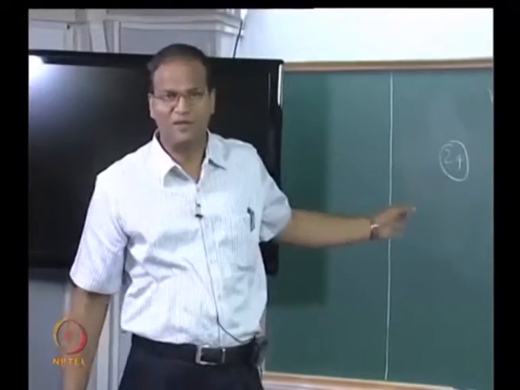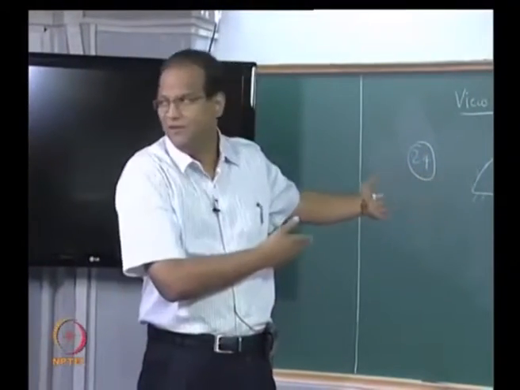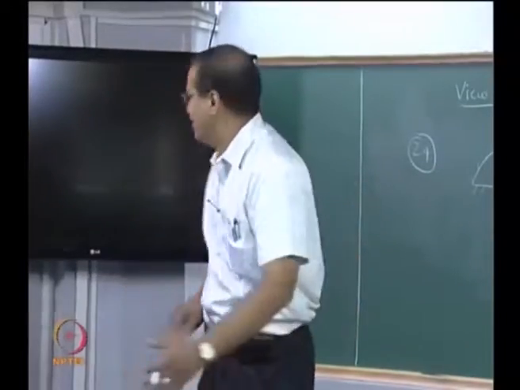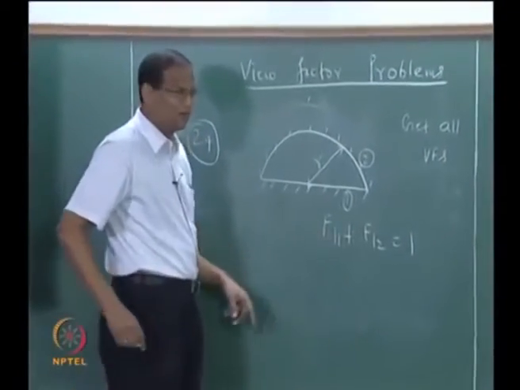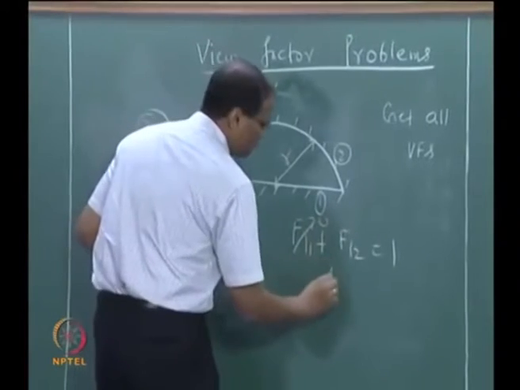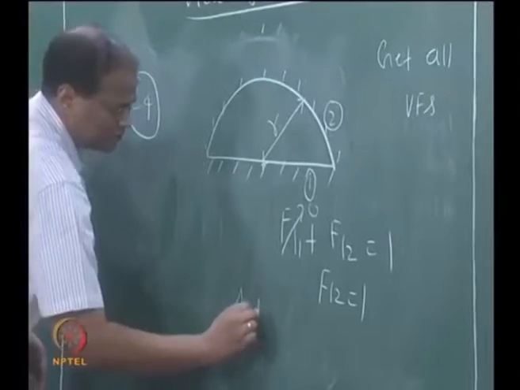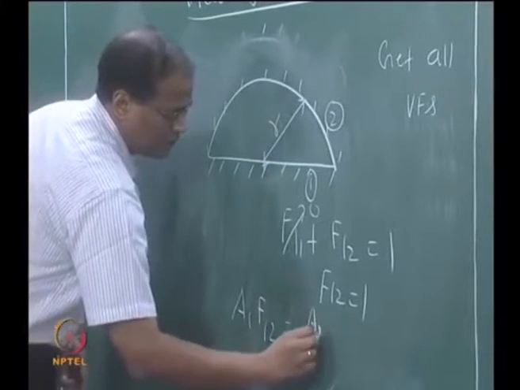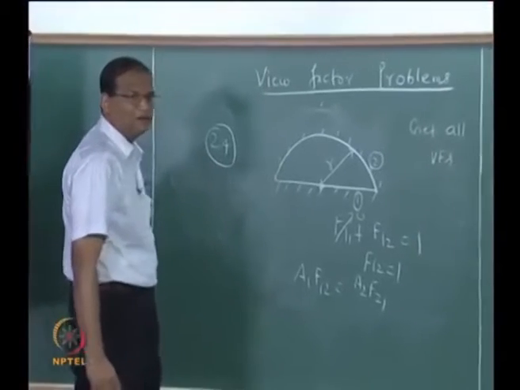Now, don't worry that every problem will give rise to trouble. These problems are solvable. F11 plus F12 equal to 1. What is F11? It is 0. Therefore, F12 is A1 by... What is A1? Unit depth.